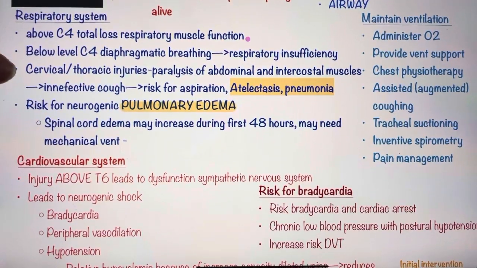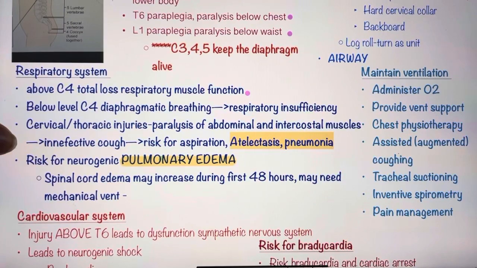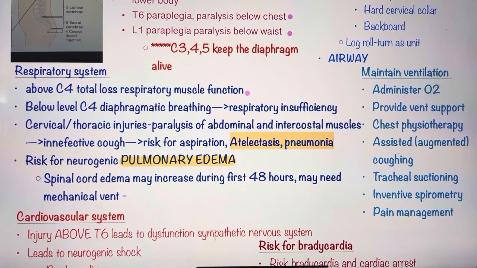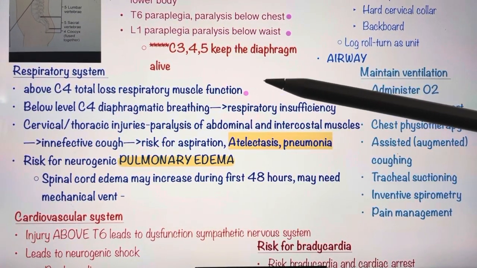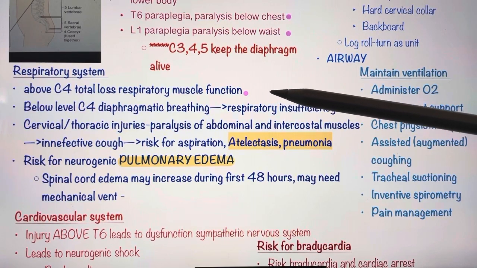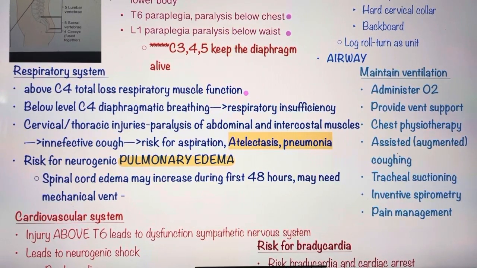So like I mentioned with the respiratory system, above C4 is going to be a total loss of respiratory muscle function. So that is going to be extremely dangerous. Below the level of C4, diaphragmatic breathing is going to result in respiratory insufficiency.